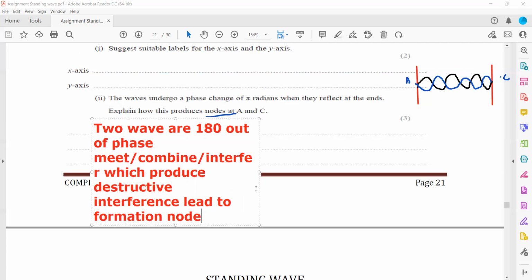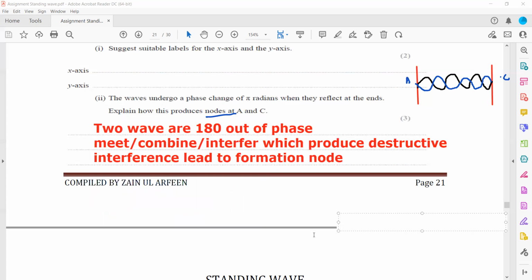So whenever a standing wave is produced, it will always produce a node at the fixed ends, at the ends.